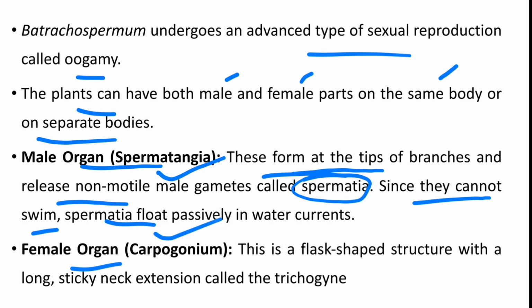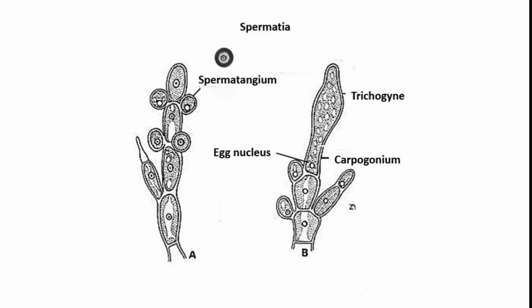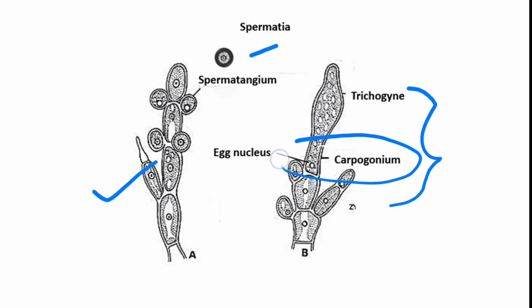The female sex organ is called carpogonium. It is a flask-shaped structure with a long sticky neck extension called trichogyne and a swollen base.